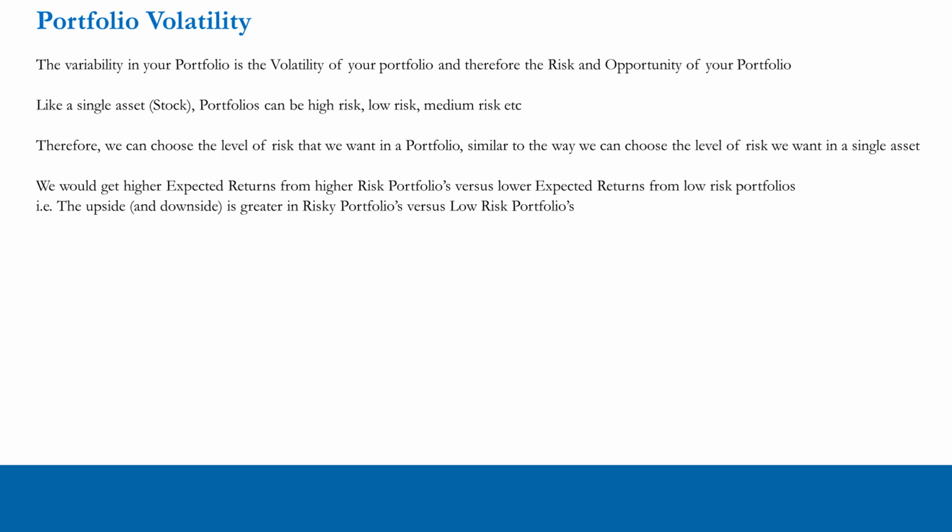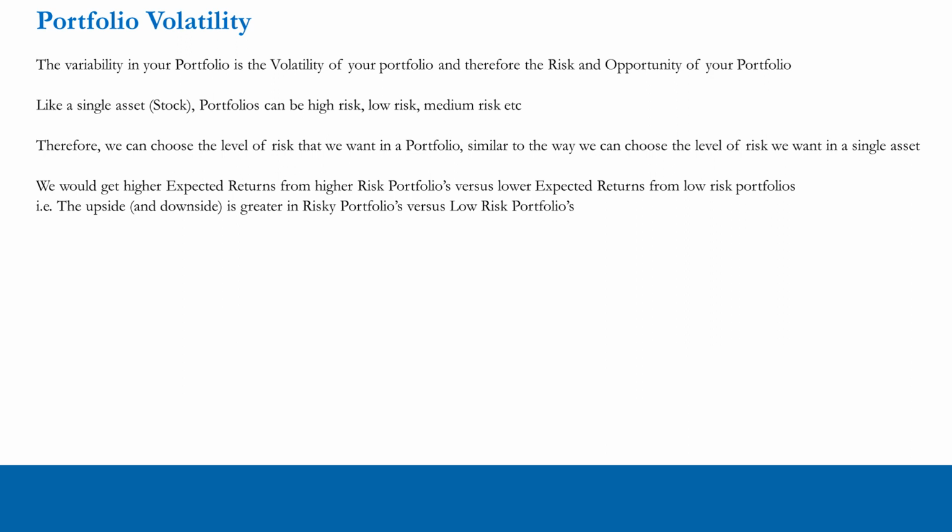Like any single asset, such as a stock, portfolio volatility can be calculated, and portfolios, like stocks, can be high risk, low risk, or medium risk. So with exposure to portfolios, we can choose the level of risk that we want, similar to the way we can in a single asset like a stock.